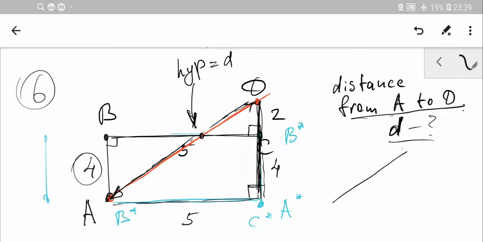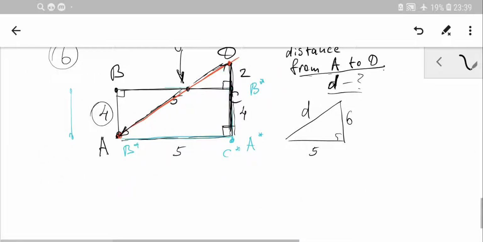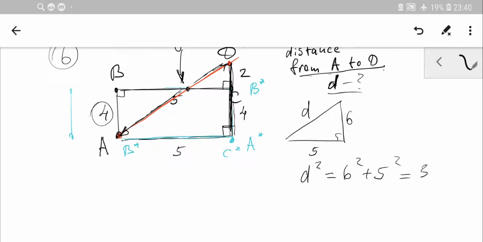So if I redraw what we have, it will be 5 and 6, and D is the hypotenuse. Okay, now it's much easier, right? So we can figure out D as D squared equals 6 squared plus 5 squared. And it turns out to be 36 plus 25.